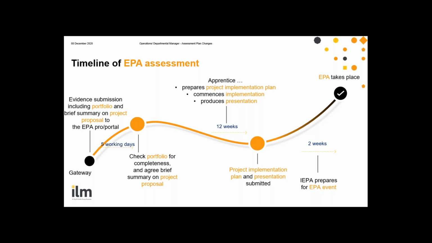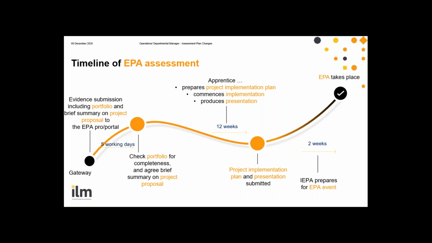Once they are received, you will hear back about the apprentice brief summary, whether it's accepted or rejected, within 5 days. So at the end of 5 days, you will hear back one way or the other. Once finally accepted, the apprentice will have 12 weeks to work on the project proposal and presentation.